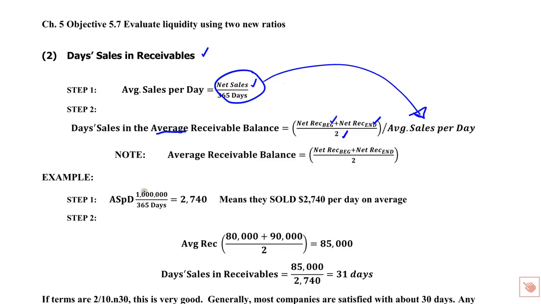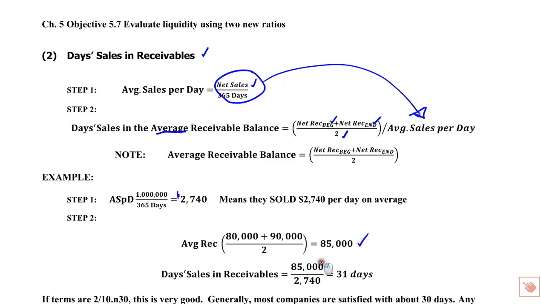Let's look here. ASPD, average sales per day, is 1 million divided by 365, which is 2,740 per day. The average receivable: they started the year with 80, ended with 90, divided by 2, so their average balance was 85,000.